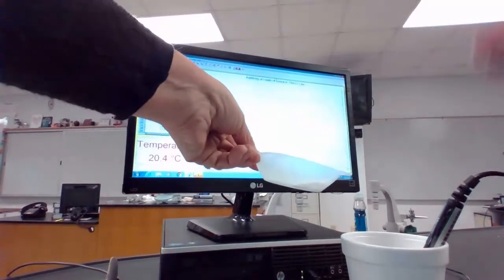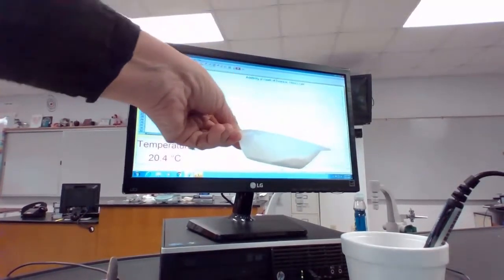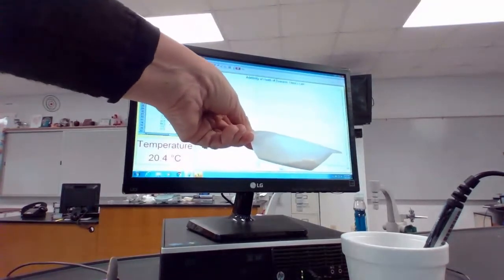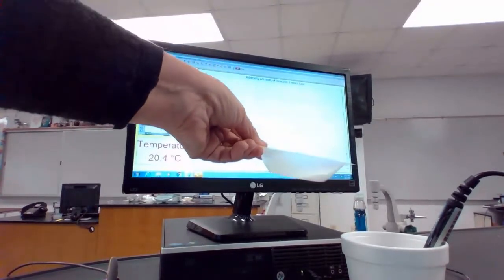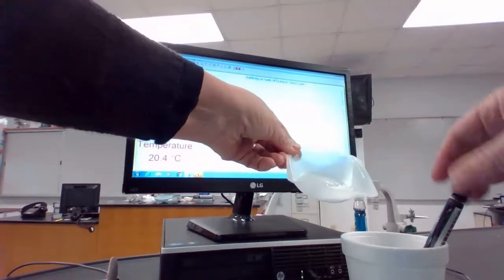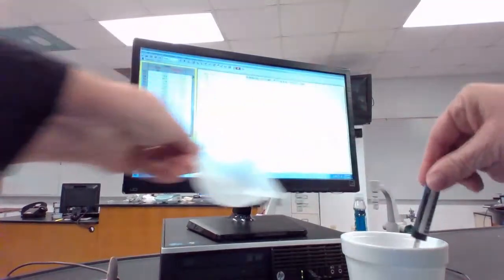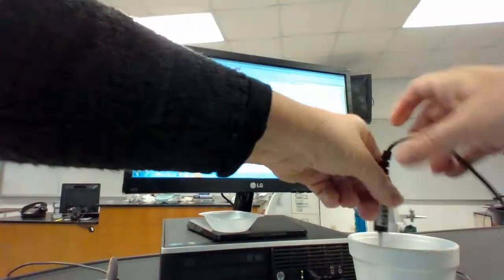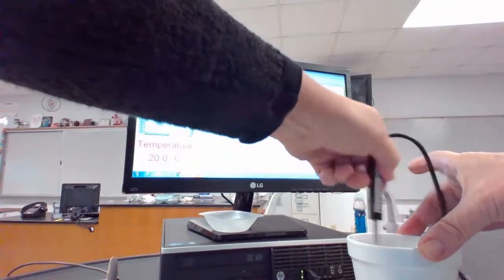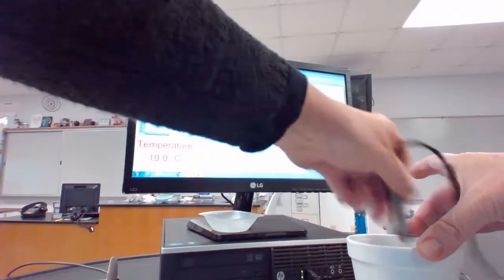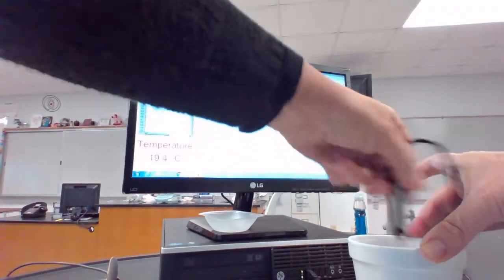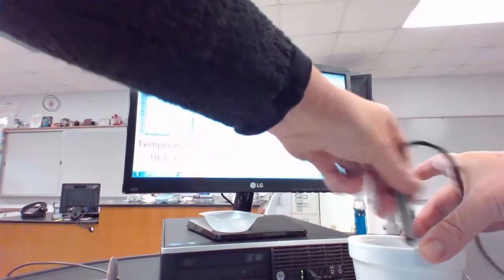And so I'm going to go ahead and get myself a profile of where we are starting, and then I'm going to go ahead and add all of my ammonium nitrate to my solution, and I'm going to stir. So in the process, I'm stirring, and I am trying to see basically what is going to happen.